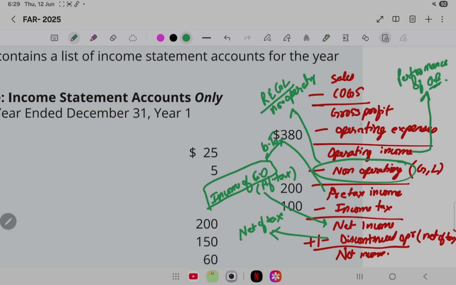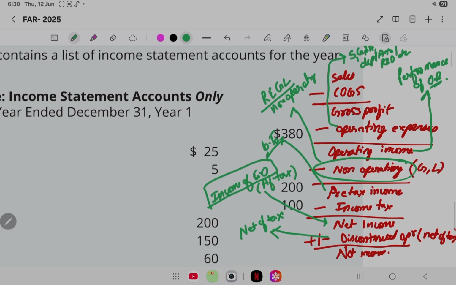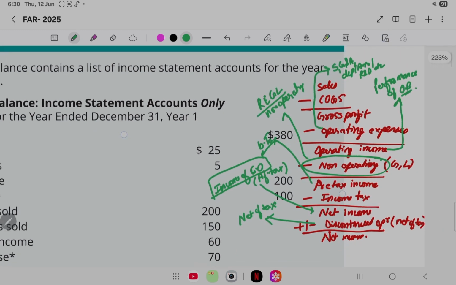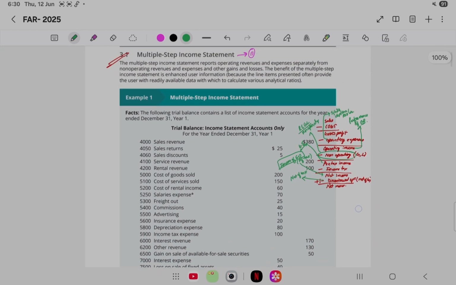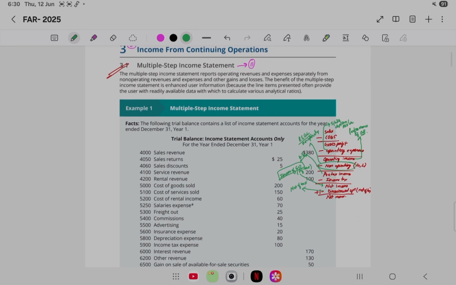Operating expenses include, where I write down, selling, general and administrative, depreciation or amortization, R&D, etc. Hope you have written it down. Okay.